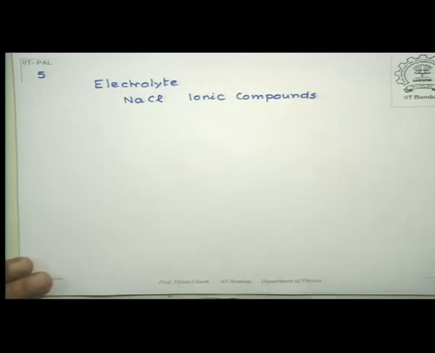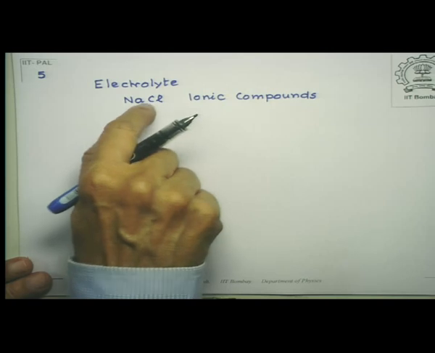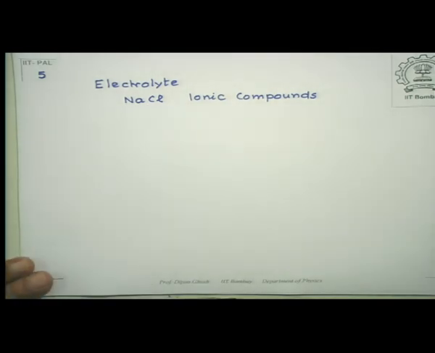The way it happened is this, that these sodium atoms and chlorine atoms have this property that the outside valence electron in sodium atom, for example, was extremely loose, in the sense that it was very weakly bound to sodium atom, and as a result sodium could easily lose that.